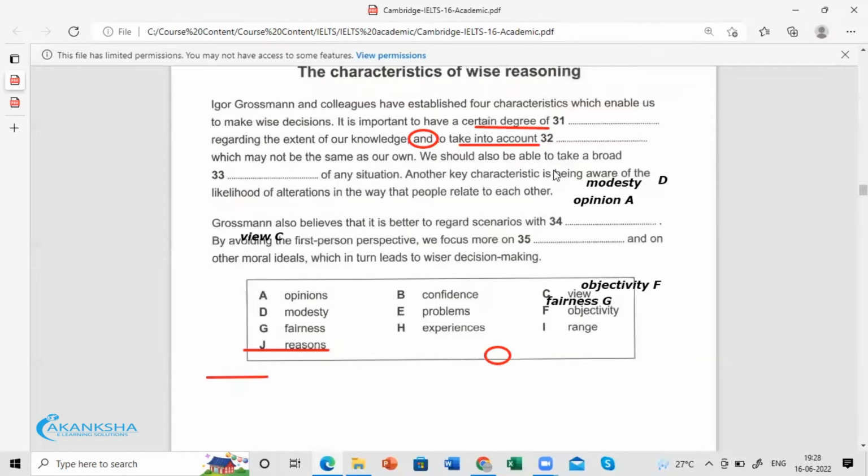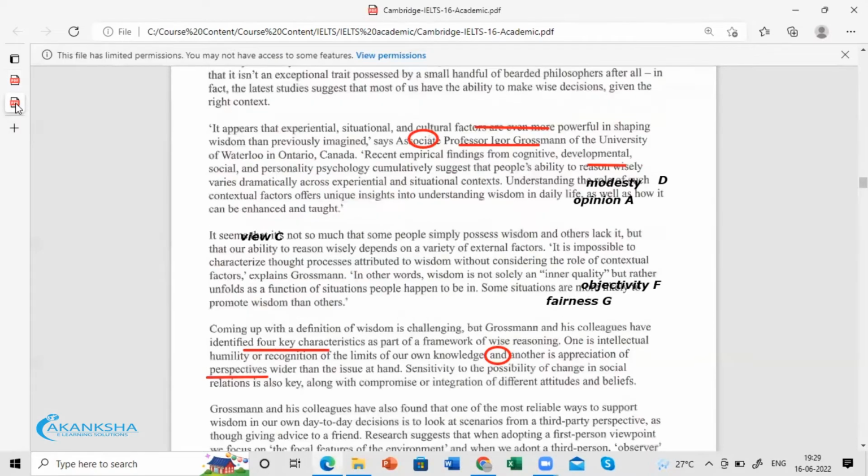So for the next question, the word before the blank: what is that? That is broad, wider. Exactly. So broad means something that is bigger.